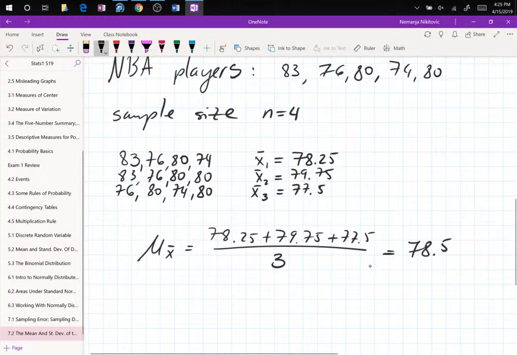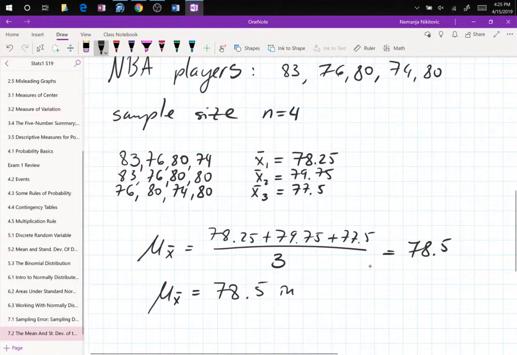So what we got is that the mean of means, right, which is the mean of the sample mean, is 78.5 inches. Now, what we saw earlier is that number must be the same as the population mean.